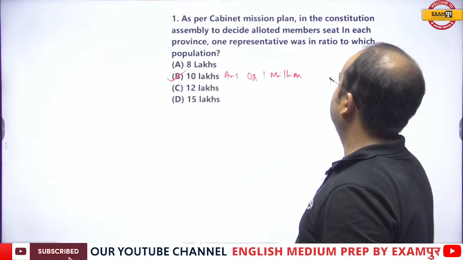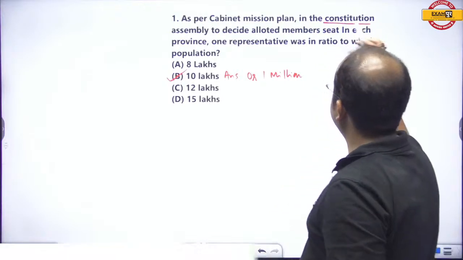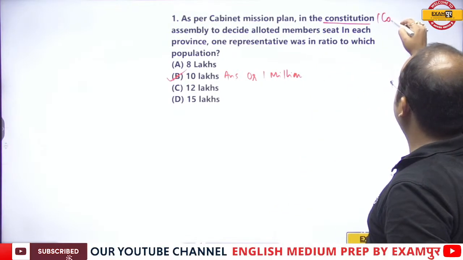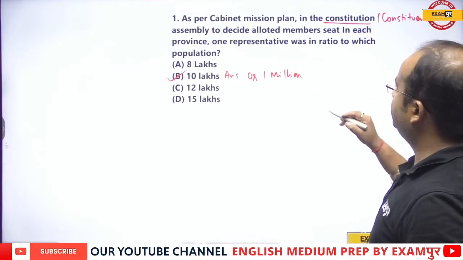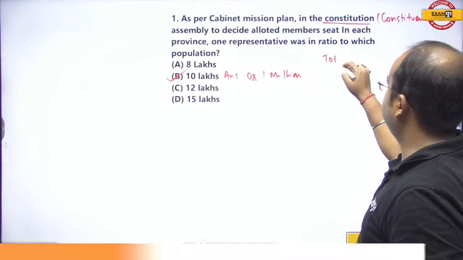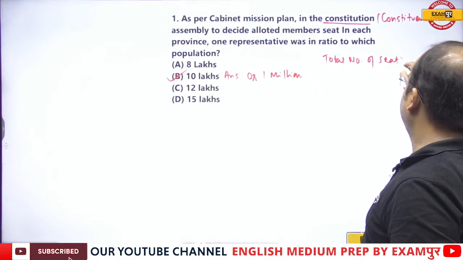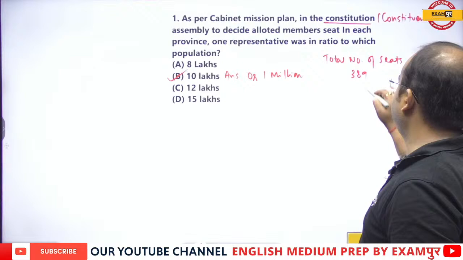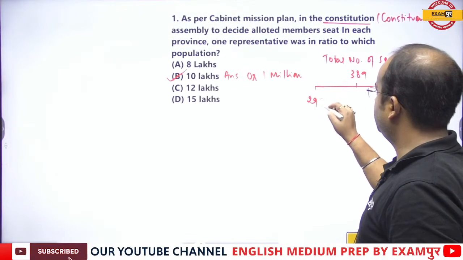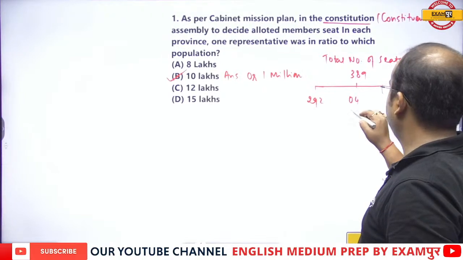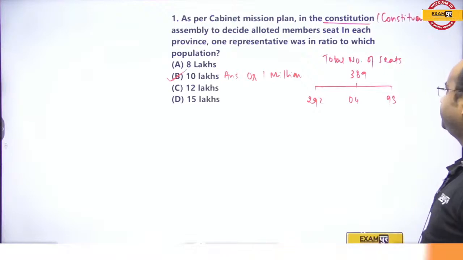And this is not constitution assembly, this is constituent assembly, and the total number of seats in the Constituent Assembly was 389, out of which 292 were from British India, 4 were from the commissioners and 93 were nominated members.